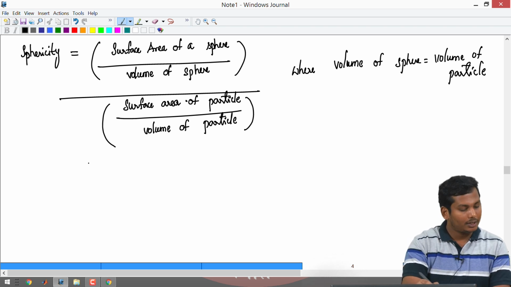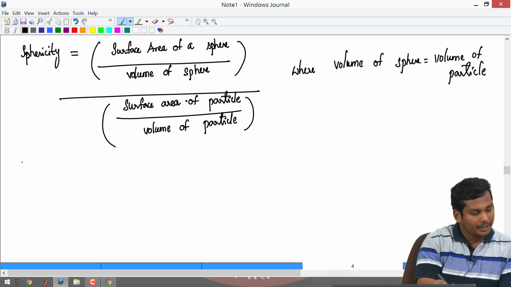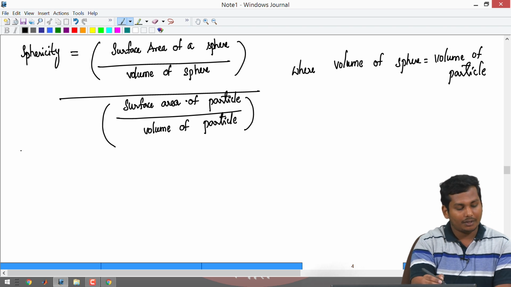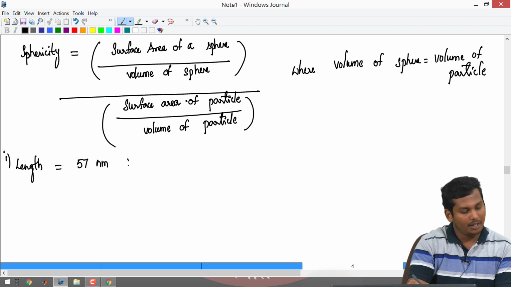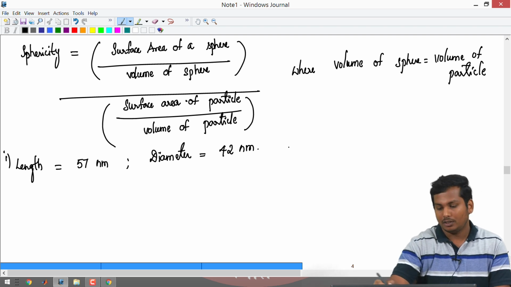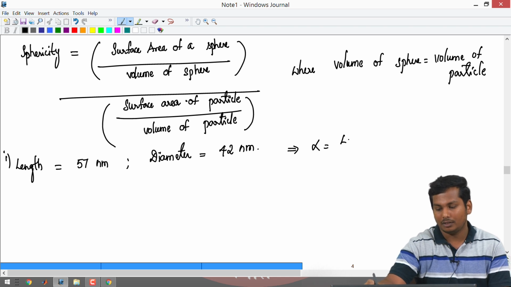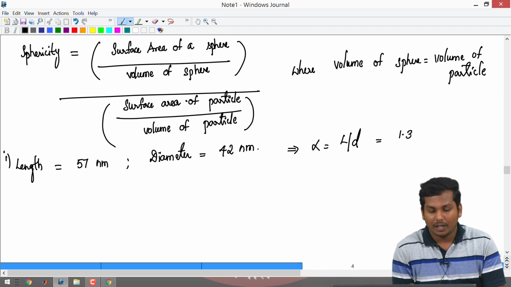Okay. So, here we were given the hematite ellipsoids. Let us look at the first case where length equals 57 nanometers and diameter equals 42 nanometers. So, alpha is L by D, which is 1.3. Okay.